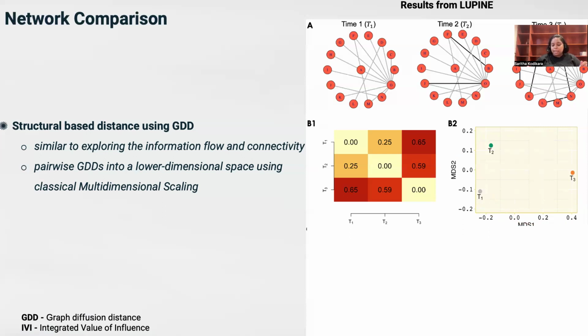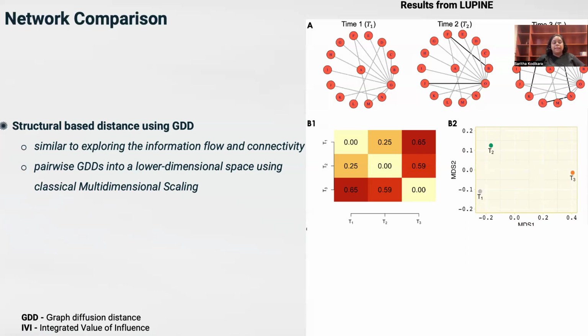So you can say that T3 is a bit different from T1 and T2 because they have the maximum distance between the three networks. So that's one way. This would tell us if any network is very different from other networks. But it again does not tell us which taxa or which nodes might be causing these big changes.